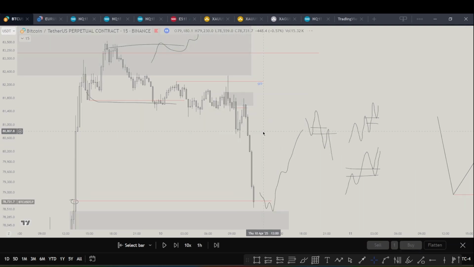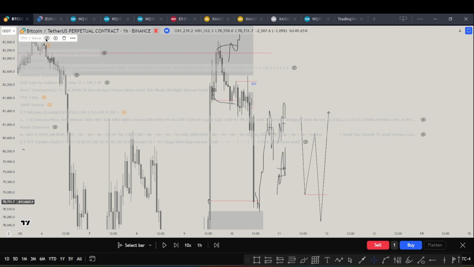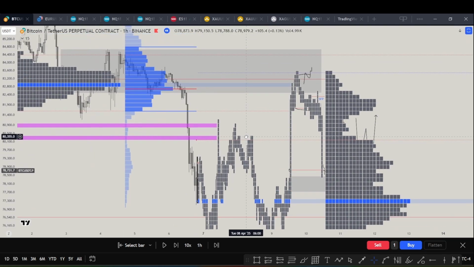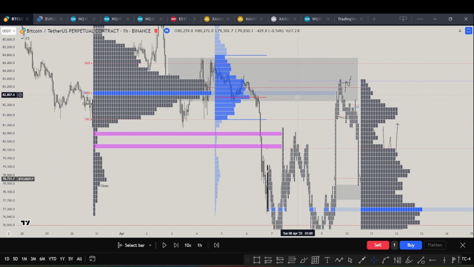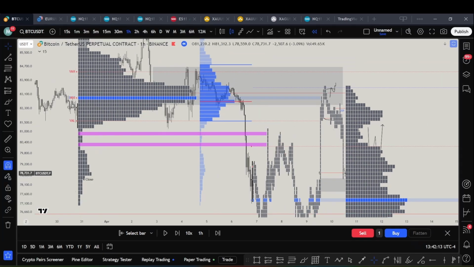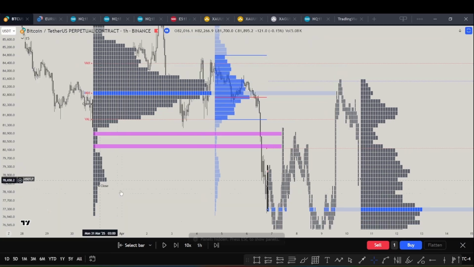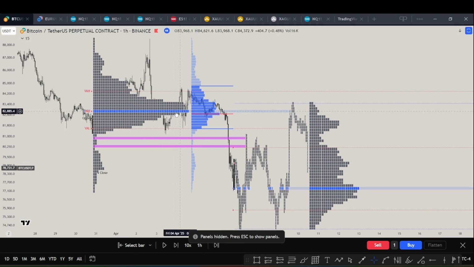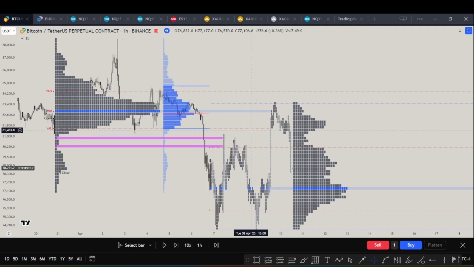So I'll take you through the hourly time frame and weekly TPO here. Let me remove all the drawings to make it more clear. So this was the previous profile TPO here, POC, sorry.